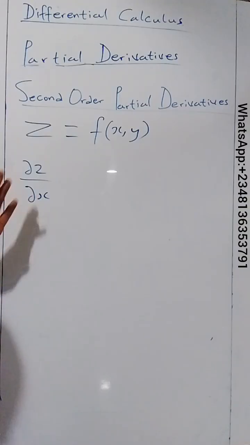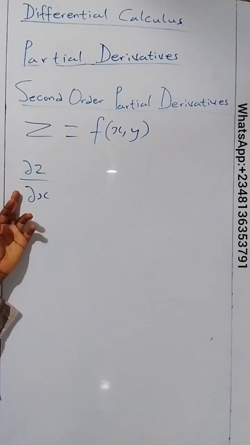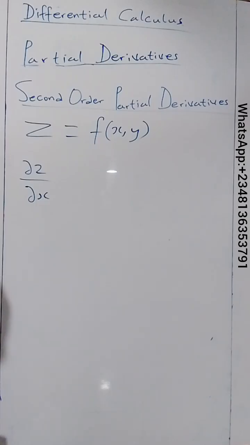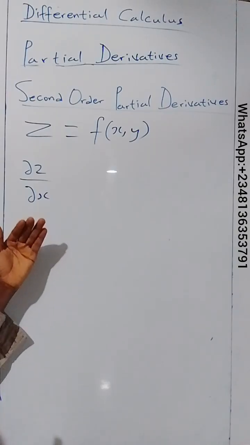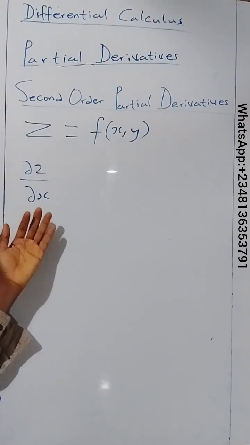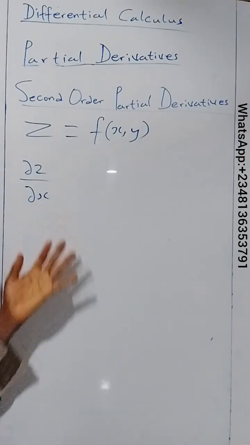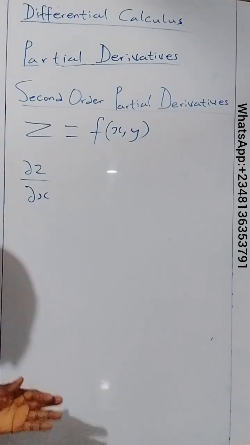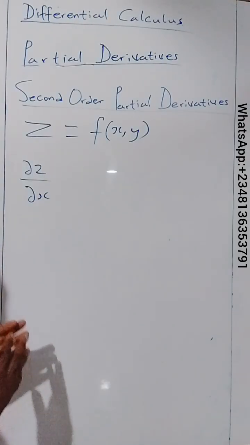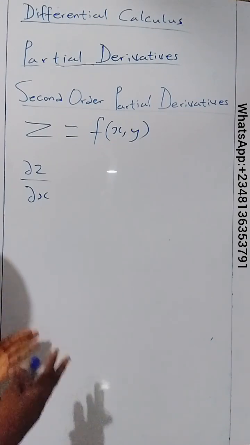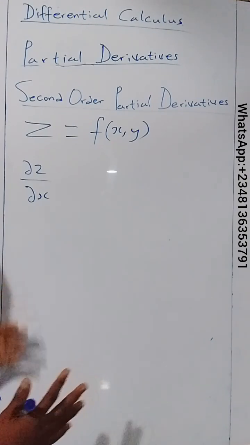What if I want to derive the second order partial derivatives from this first order partial derivative? Because the way it goes is that the second partial derivatives are derived from the first partial derivatives, while the third partial derivative is derived from the second partial derivative, and it goes like that.